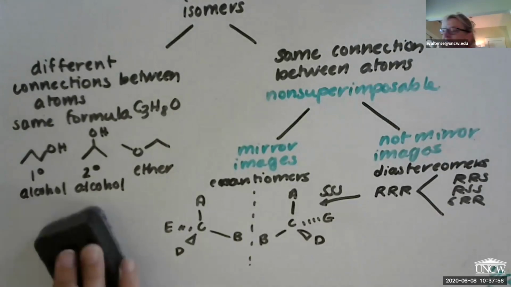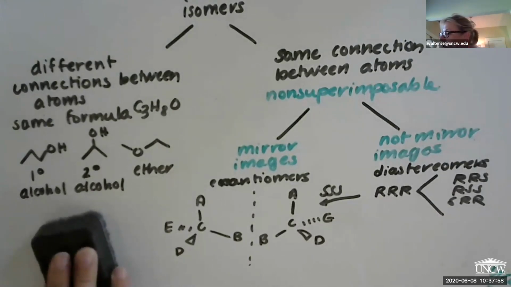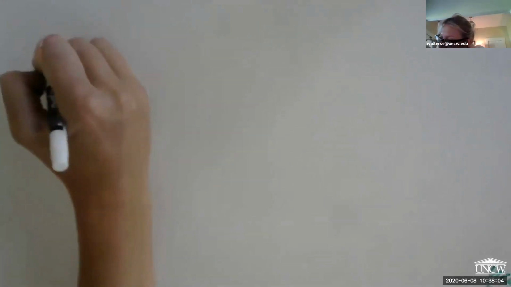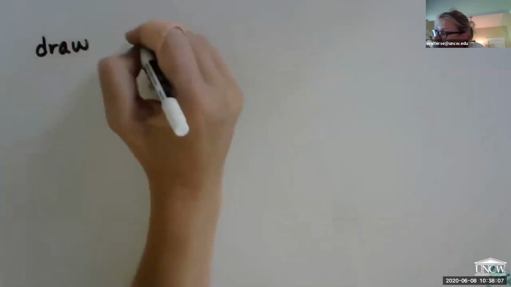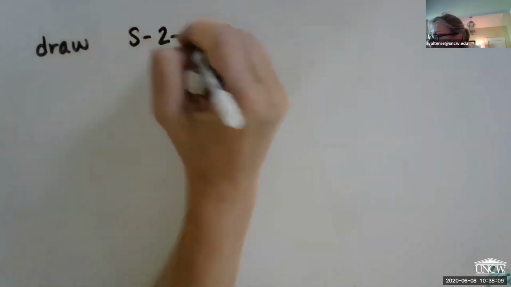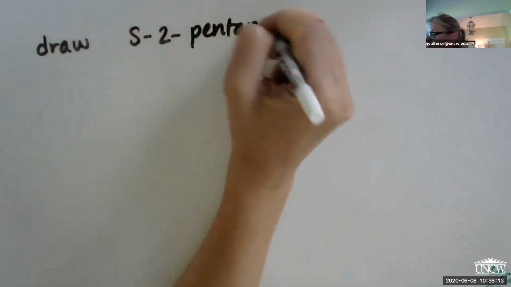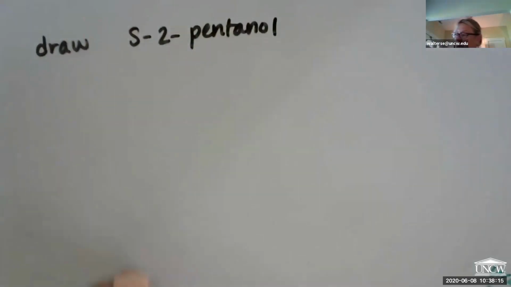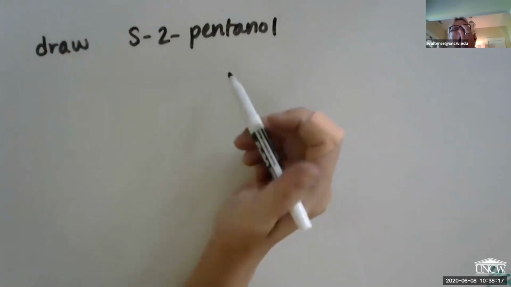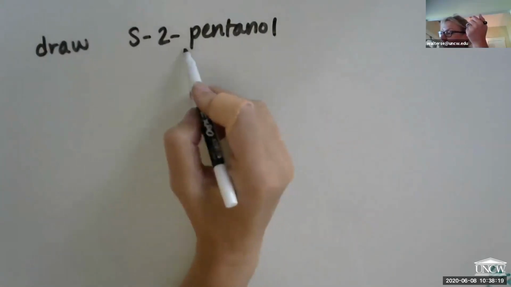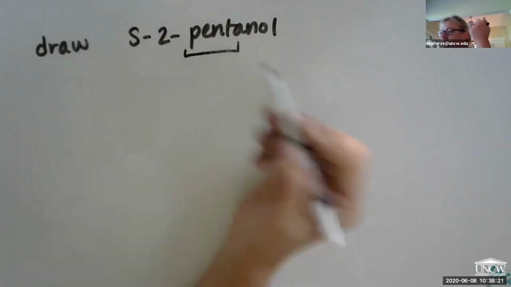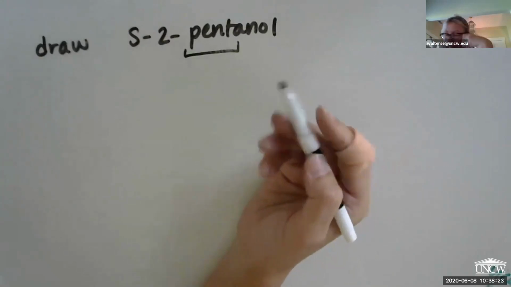One of the things, and I think this is something that you do in lab, I could be wrong, but the activity will say, draw S2-pentanol. Okay, so I'm going to start here with pent. That means 5.